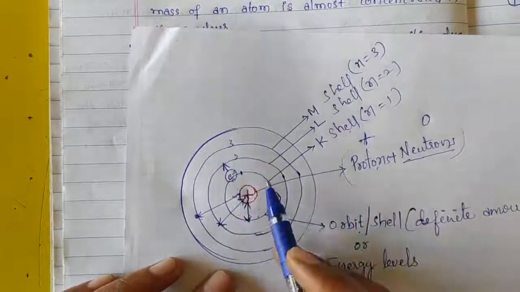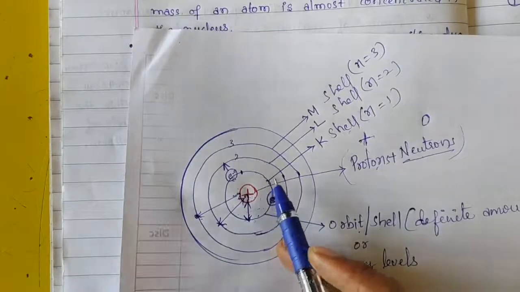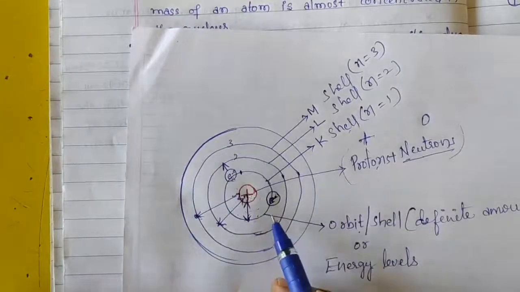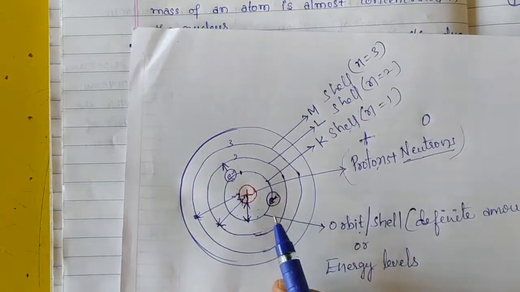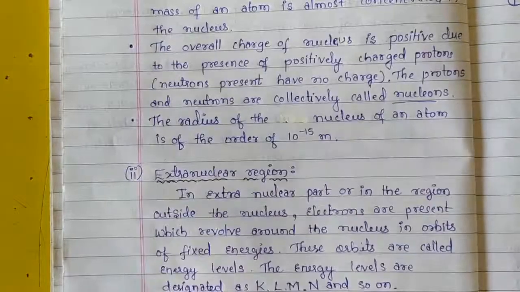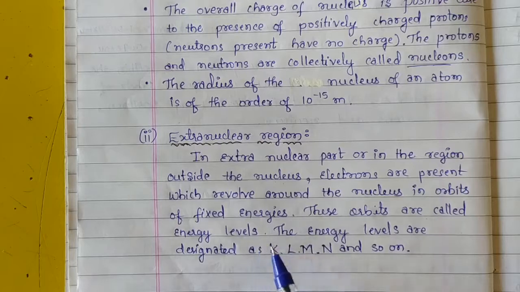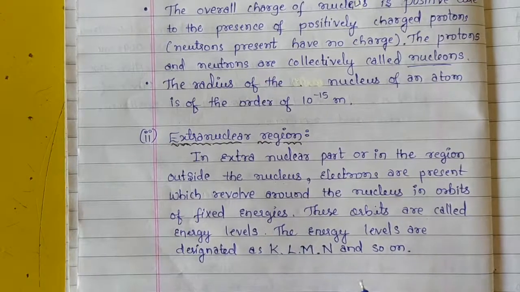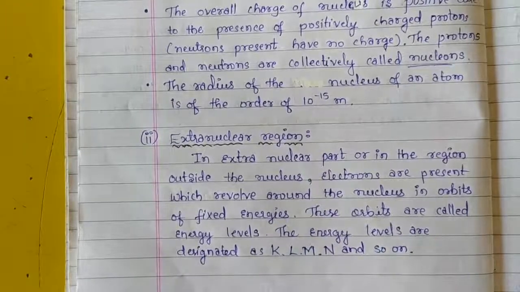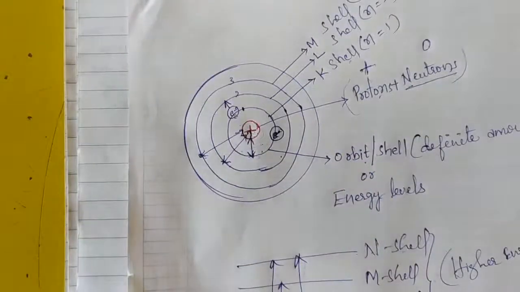In this region, electrons revolve around the nucleus in circular fixed paths having fixed energy. These orbits are called energy levels. The energy levels are designated as K, L, M, N and so on. So this is Bohr's atomic model. Children, in the next class we will see the distribution of electrons in different orbits.